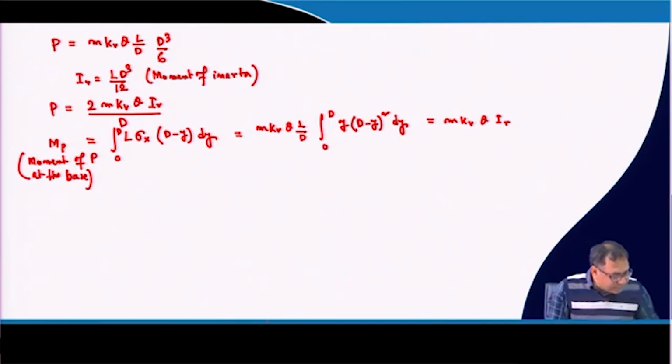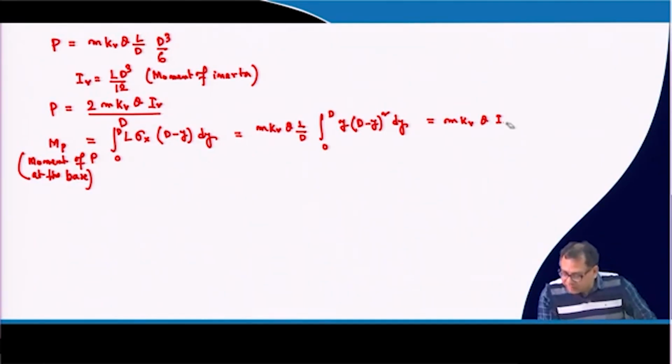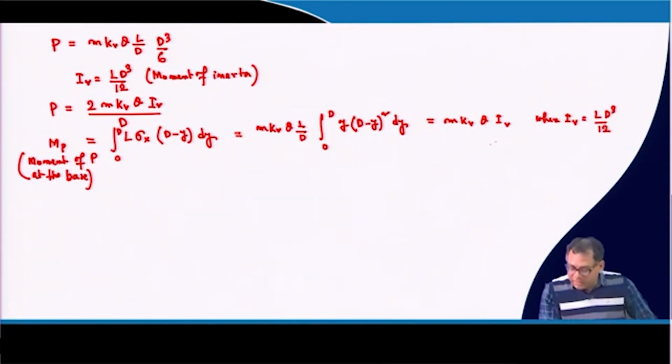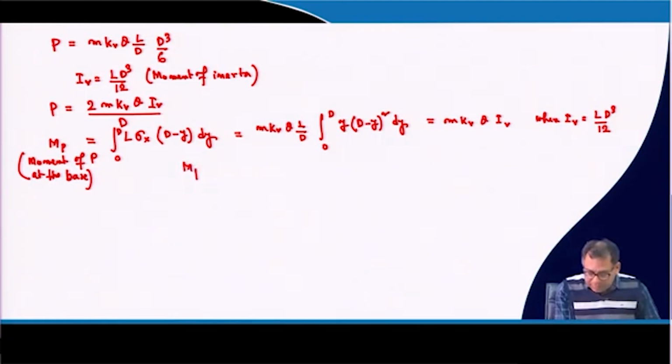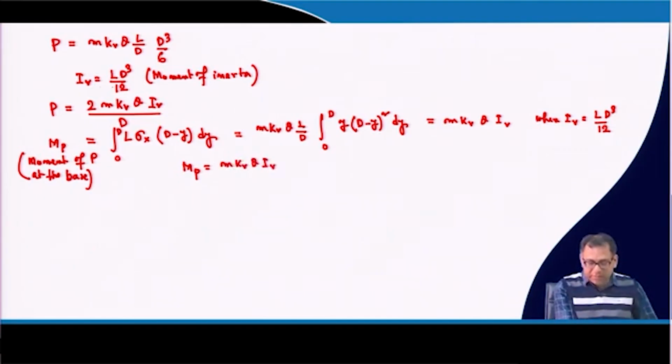So, I am putting this as I v, where I v is equal to L d cube divided by 12. So, this is the expression of M P. That means M P is equal to m k v theta I v, and the I v expression I have given.